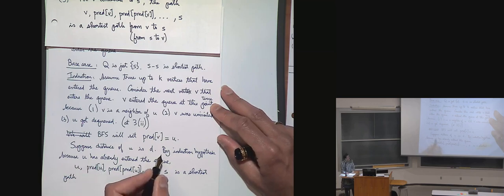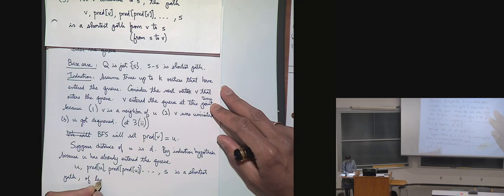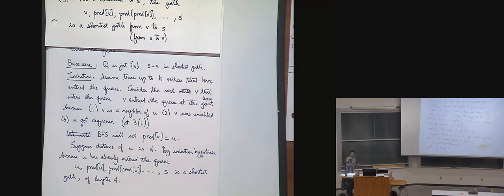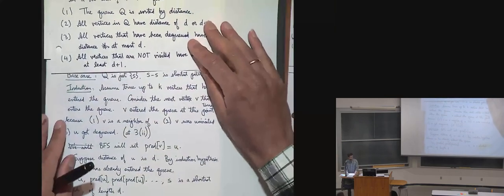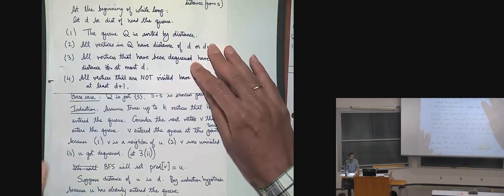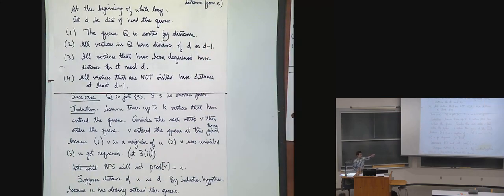And because I assume the distance was D, I'm saying this is the shortest path, and this has length D. Clear? Yes? No? Okay, now, why is it the case that if I start from V, this is the shortest path? I'm going to put up this loop invariant, and then you had something to say.